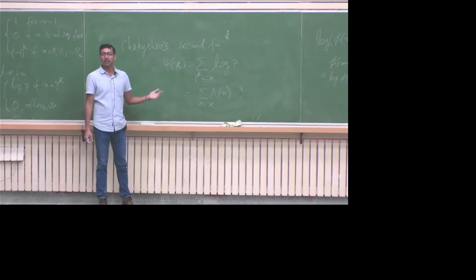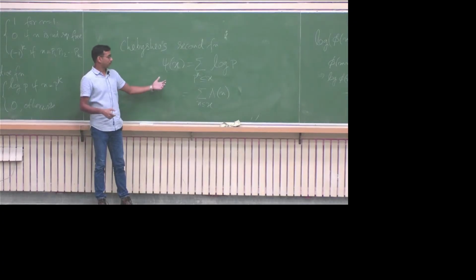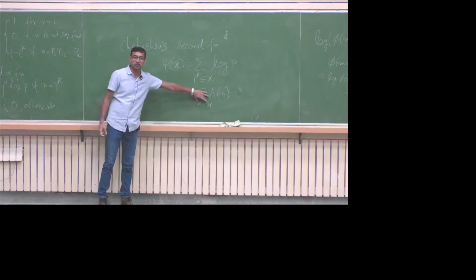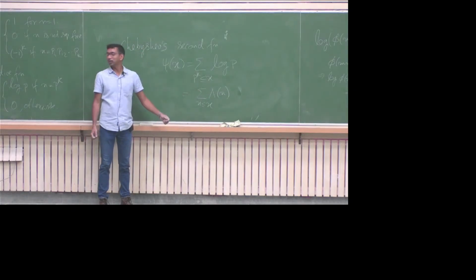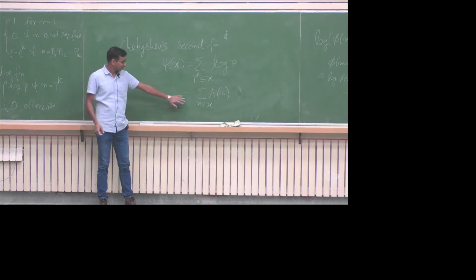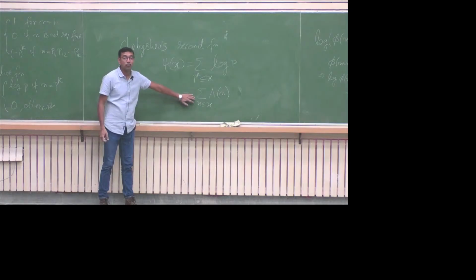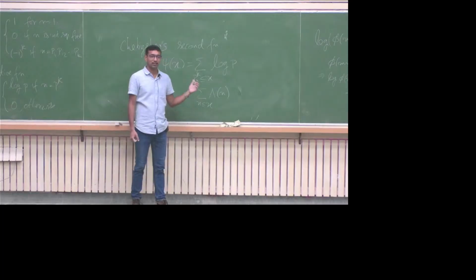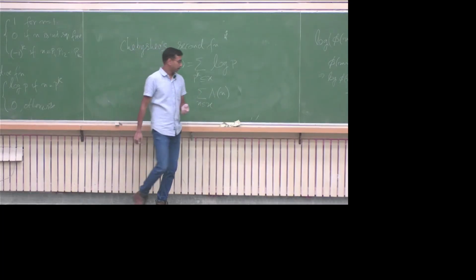And what we mean by summatory function will vary from case to case. Sometimes it will be over n less than or equal to x. Mostly it will be such things. But when we are in the domain of Dirichlet convolution, sometimes this sum will be not over n less than or equal to x, but over the divisors.